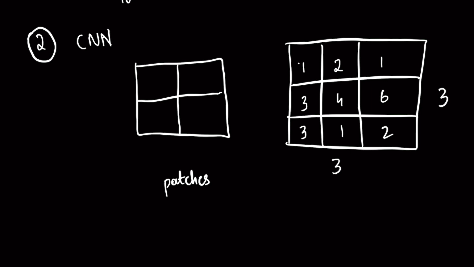So assume I keep a patch size of 2 by 2. This is one patch that I've drawn here, and it will also have random values like 0.3, 0.1, 0.6, 0.7, something like that.